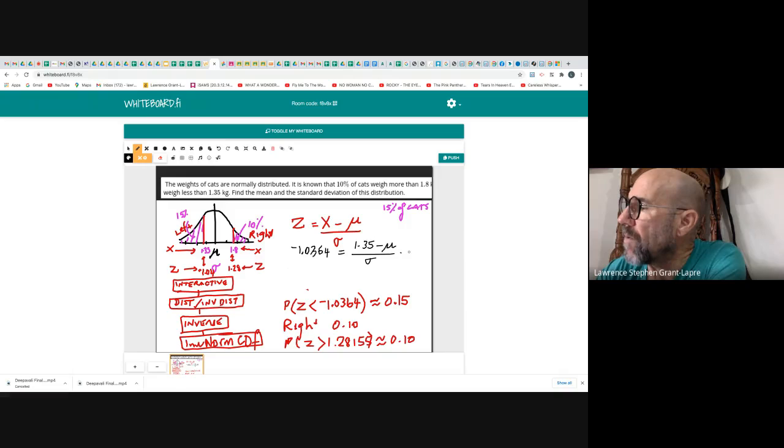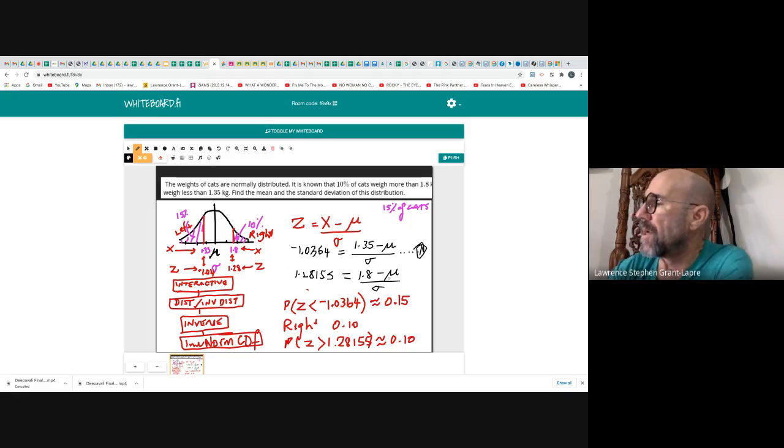That's equation 1. Equation 2: when the Z value is 1.28155, it is equal to the X value, 1.8, minus the mean, over the standard deviation. That's our second equation.